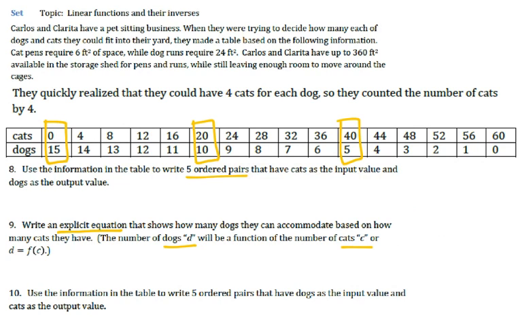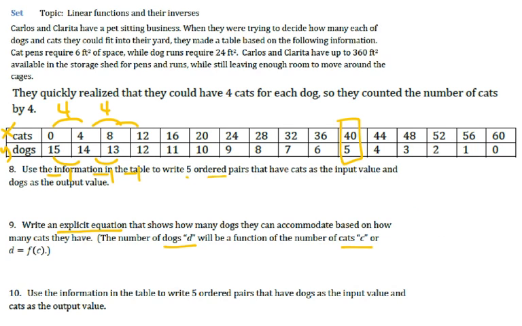Okay, and basically the way to look at it is kind of look at slope. If we think of it like this, cats would kind of be like the x, dogs would be kind of like the y. So remember, slope is rise over run. So for every 4 cats, we're adding 4 cats each time, we are subtracting 1 dog.